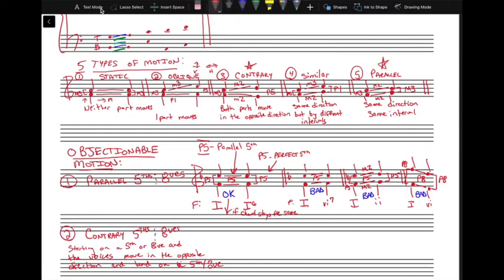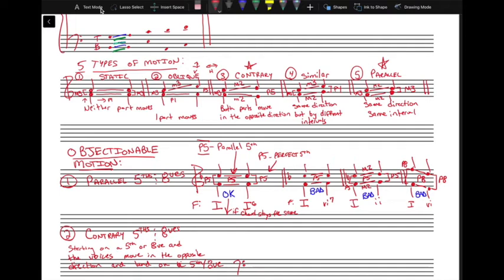Example: bass clef. We'll do bass clef because you find this more between the bass and another voice, since the bass has more freedom to move around. It can happen in the tenor and upper voices as well.